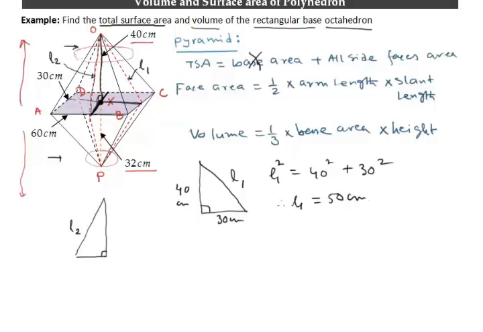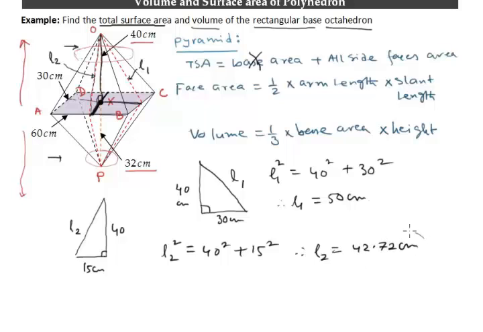This distance is half of BC, which is 30 centimeter, so this distance is 15 centimeter, and this height is 40. Using Pythagoras theorem here, L2 squared equals 40 squared plus 15 squared. From here we get L2. Doing the calculation, we get L2 as 42.72.